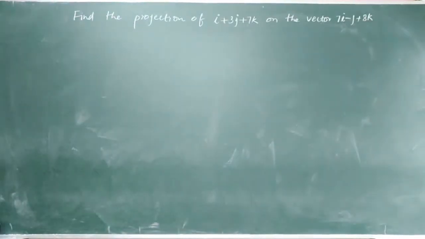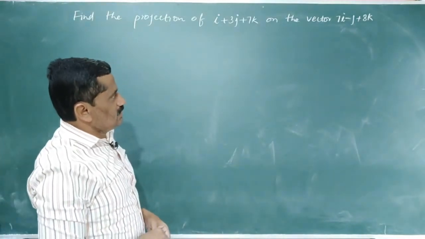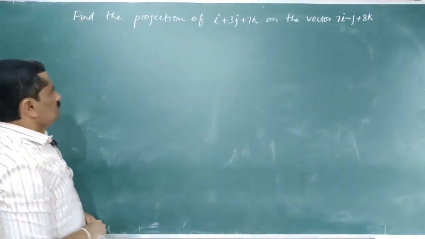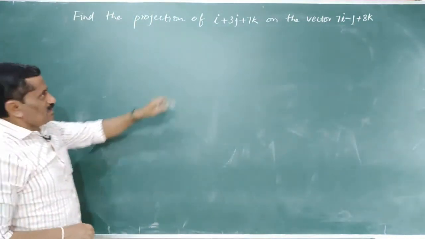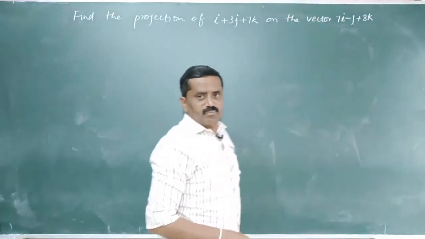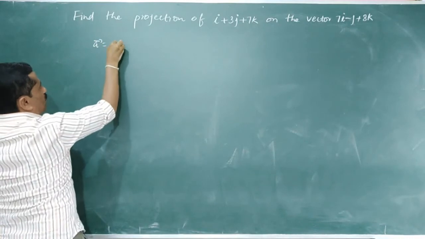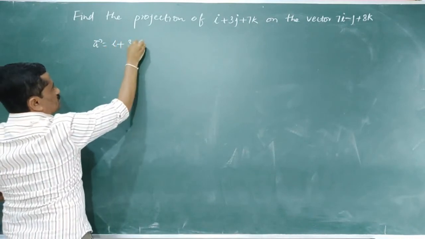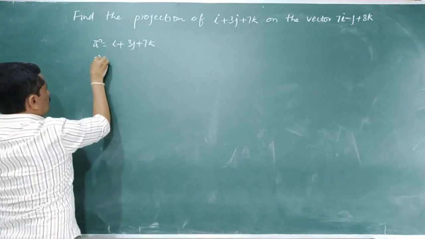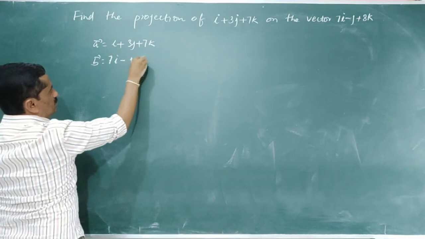Next, find the projection of i plus 3j plus 7k on the vector 7i minus j plus 8k. So write the first vector as a bar and second vector as b bar. Therefore a bar is equal to i plus 3j plus 7k, and b bar is equal to 7i minus j plus 8k.